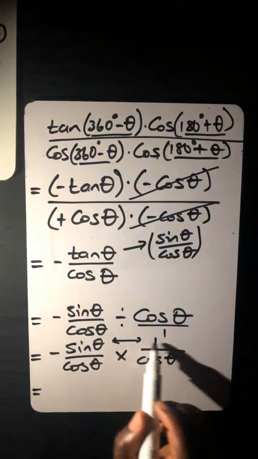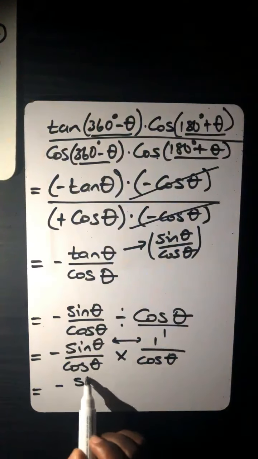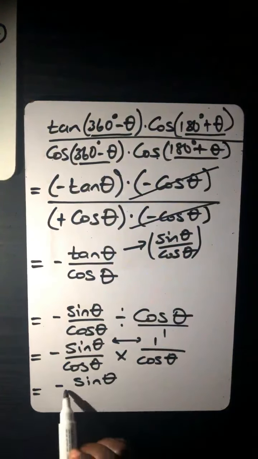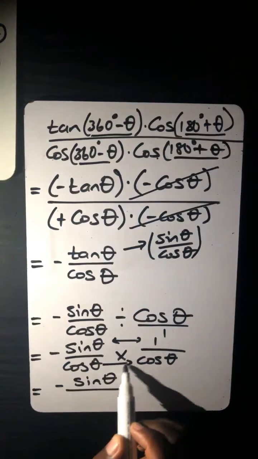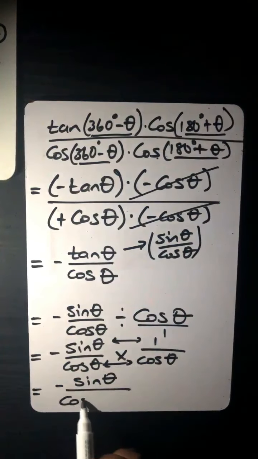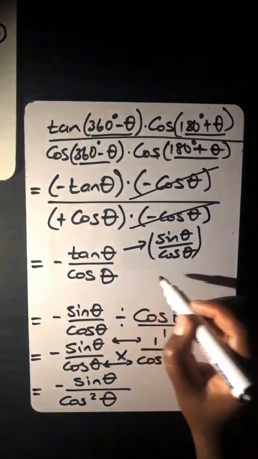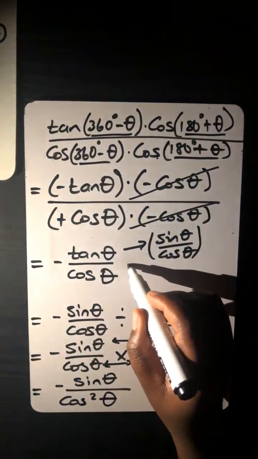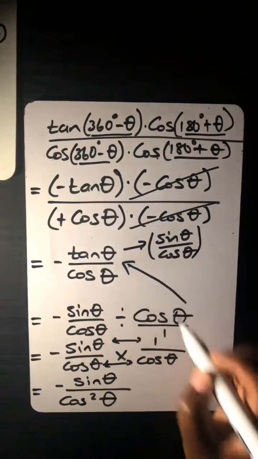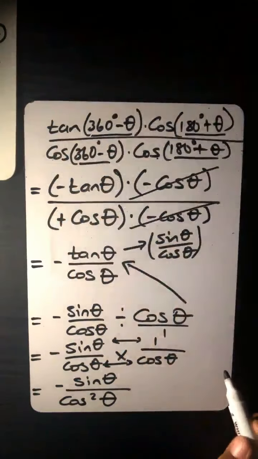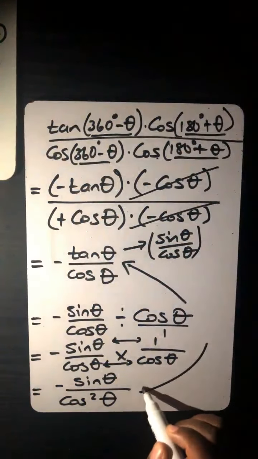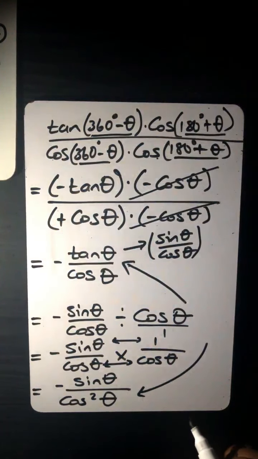So that times that is the same as negative sine angle over cos times cos, which is cos squared angle. If you prove it using all of that, you're going to get the same thing.